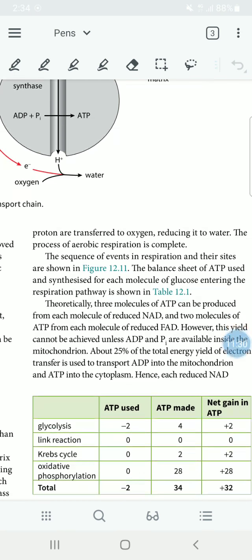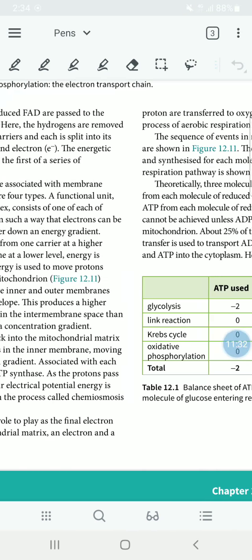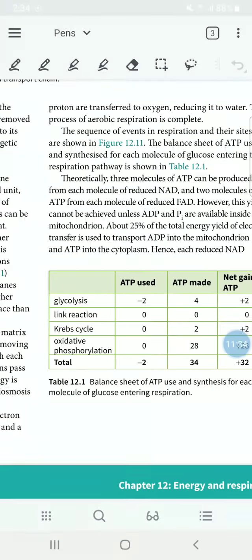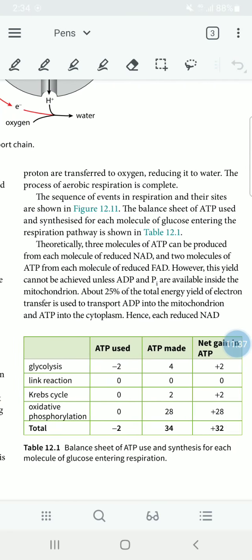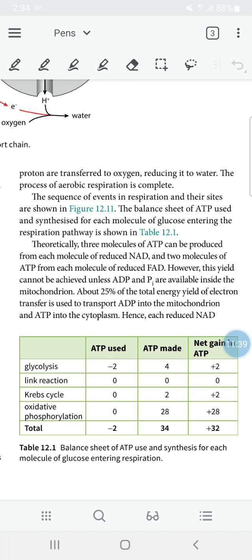In the mitochondrial matrix, an electron and a proton are transferred to oxygen, producing water.